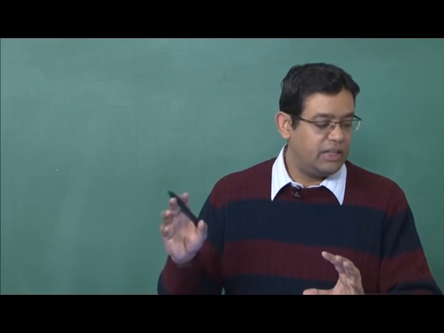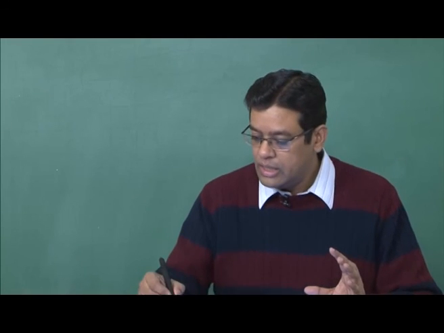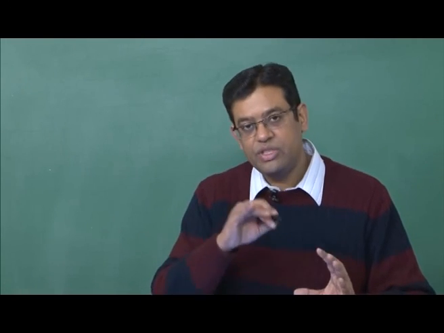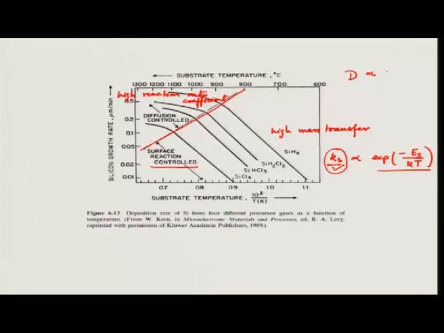It has a weak dependence of T to the power, for diffusivity, of about 1.5 to 1.8 in that regime. So, once you have that diffusivity, not the exponential dependence, then you can work with small non-uniformities in temperature, but then your diffusivity should be very high.